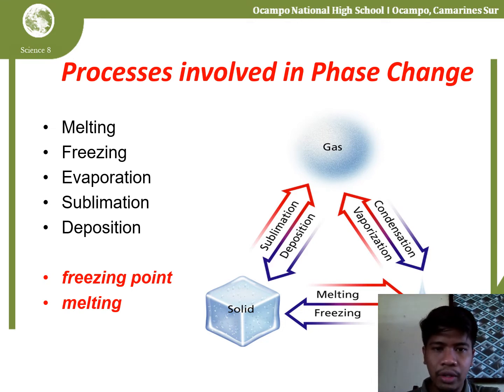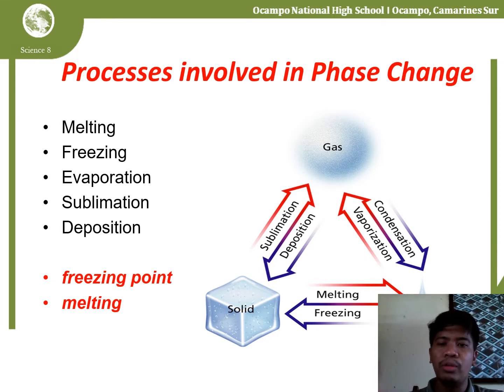Okay? Now, we also have sublimation. Sorry, ito naman na condensation muna. Kabaliktaran ng evaporation or vaporization, we have condensation. Condensation happens when gas naman turns into liquid. Okay? Diba? If you are heating water inside a kettle, okay?